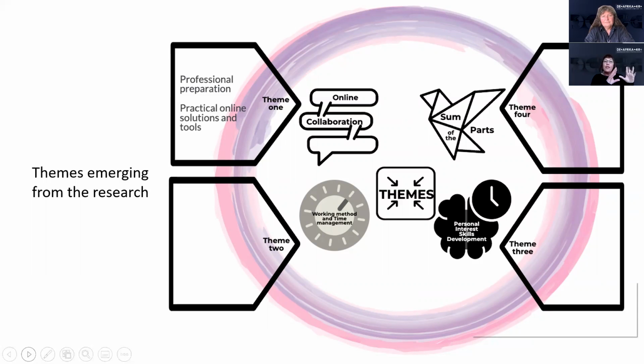Their focus on theme 1 was mostly centered around being better prepared for the working world and reflecting on the many valuable ways in which they were able to source practical online solutions and tools to enhance team dynamics and working methods.